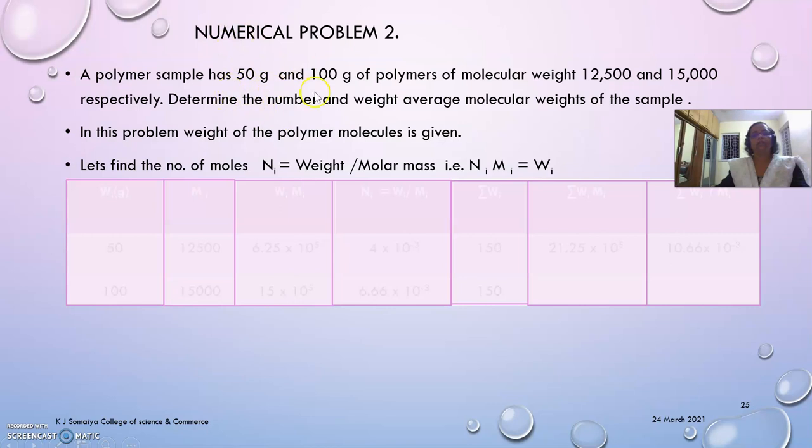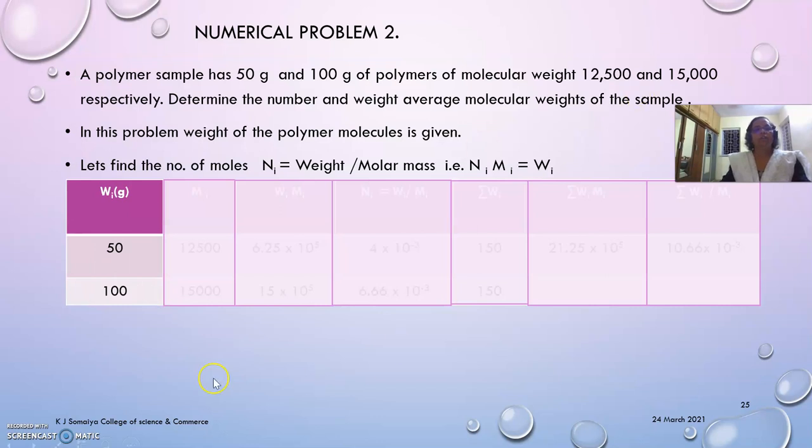So we know approximately the weight of each polymer unit. We will make a small table to make the computations. Okay, so let's begin. In the first column, we write the weights. The given weights are 50 and 100. Then write down the molecular weights, 12,500 and 15,000.